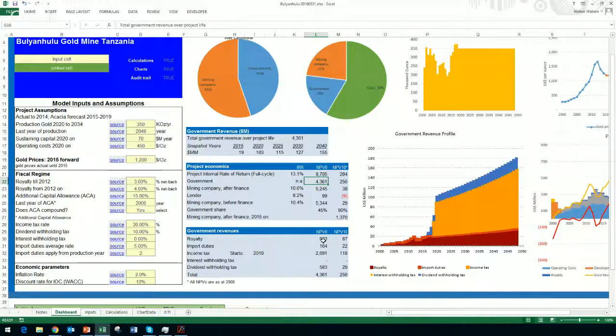And we see the composition of that revenue here: 900 million of royalty, 160 million of import duties, 2.7 billion of income tax, and 580 million of dividend withholding tax. Those are the principal direct fiscal mechanisms that we've captured in this model.